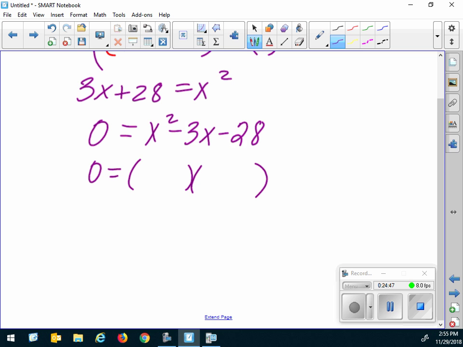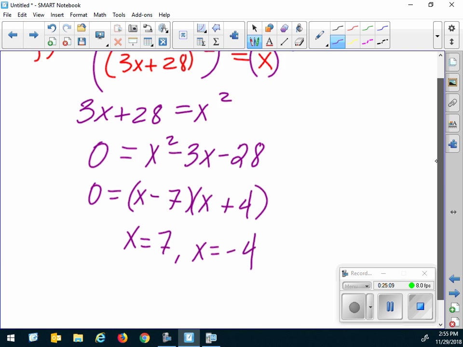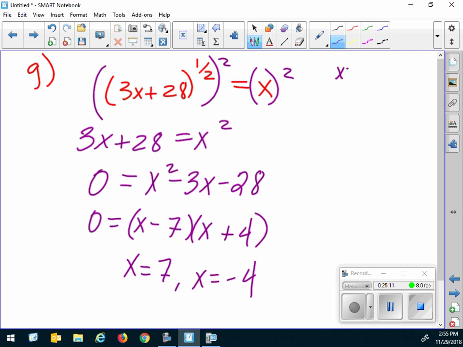I love to factor. Minus 7 plus 4. X equals 7 or -4. Now we're going to check this one, 7. Love that. X equals 7.